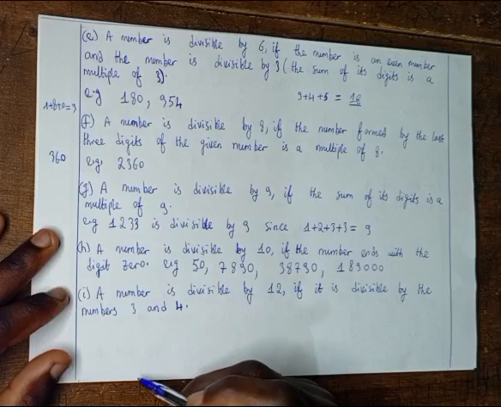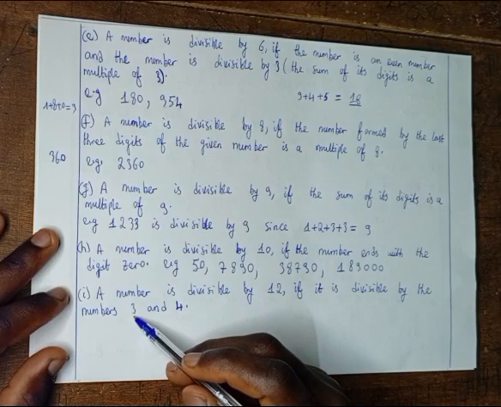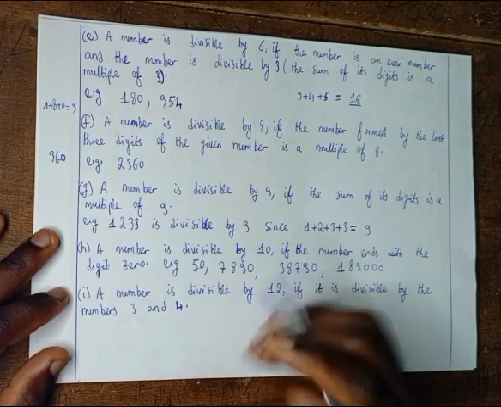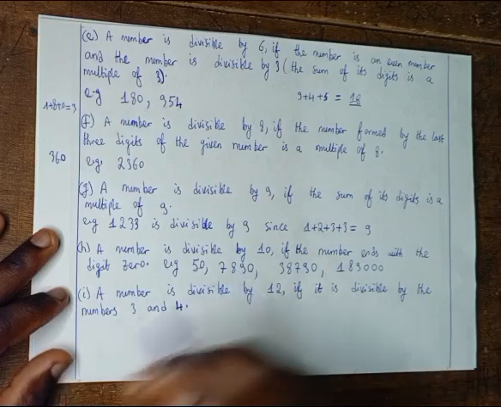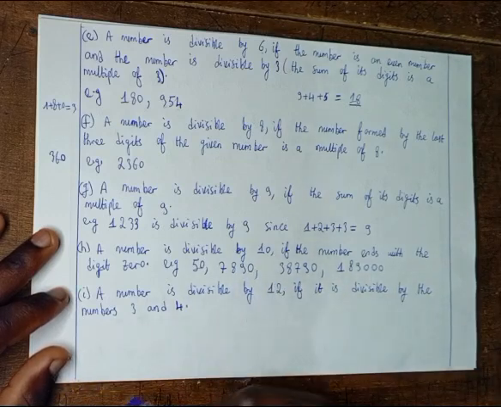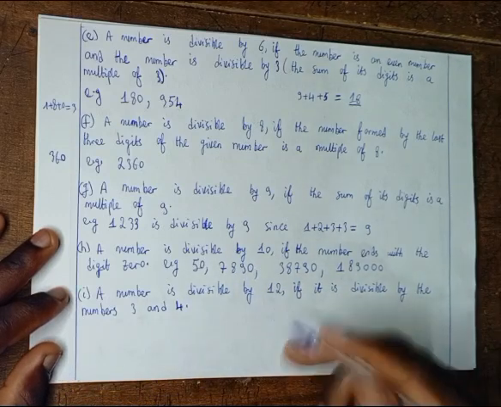That means if you can divide a number by 3, it leaves no remainder, and if you can divide the number by 4, it leaves no remainder, then you conclude that the number is divisible by 12.